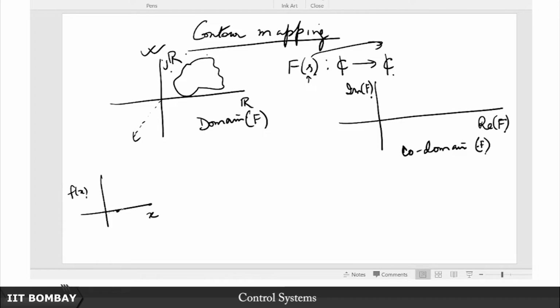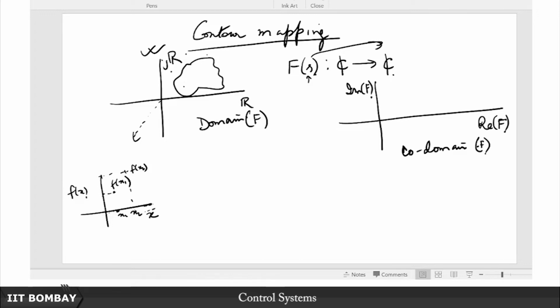You can just go along this straight line and you can choose x1, x2, and you will have, let us say, f of x1 something like this, and f of x2 something like this, right. So you can plot it on the same graph as I said, and you know exactly where to look for your domain, the elements in the domain.